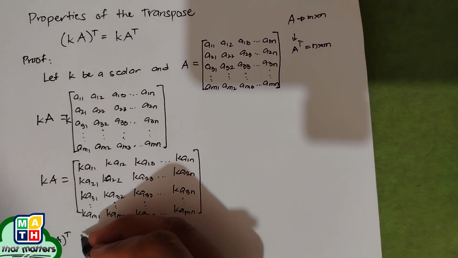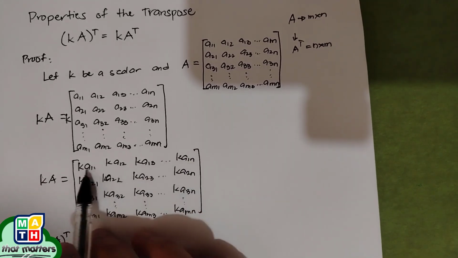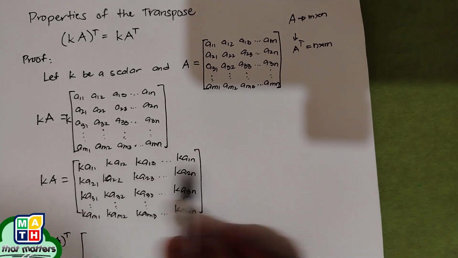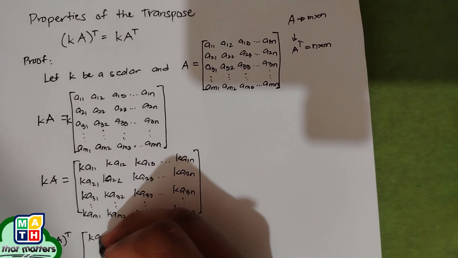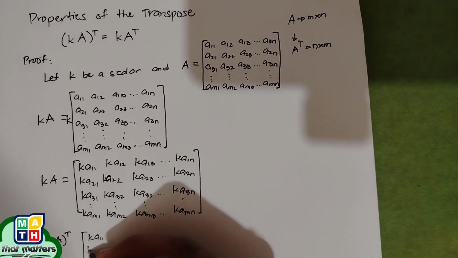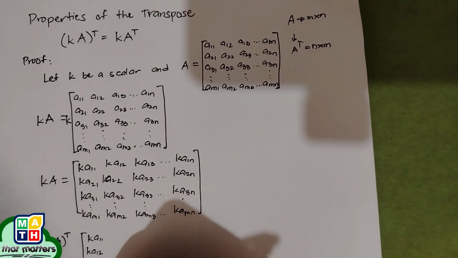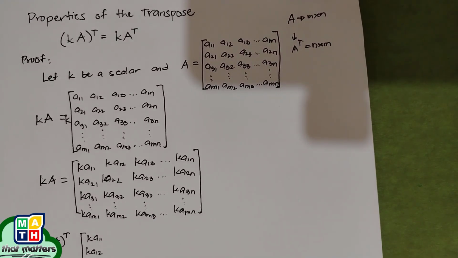As we interchange, the first row becomes our first column. So you have ka11, ka12, ka13 until ka1n. We interchange them.